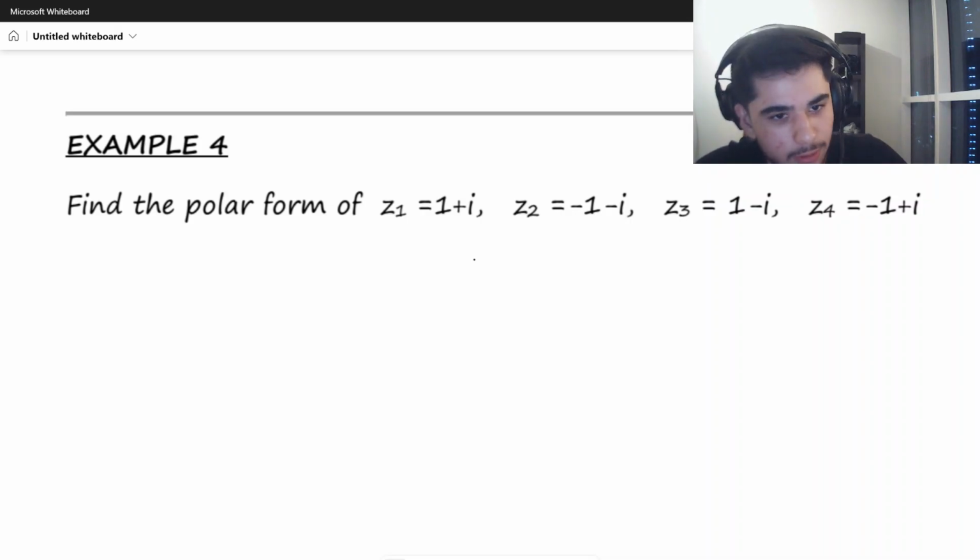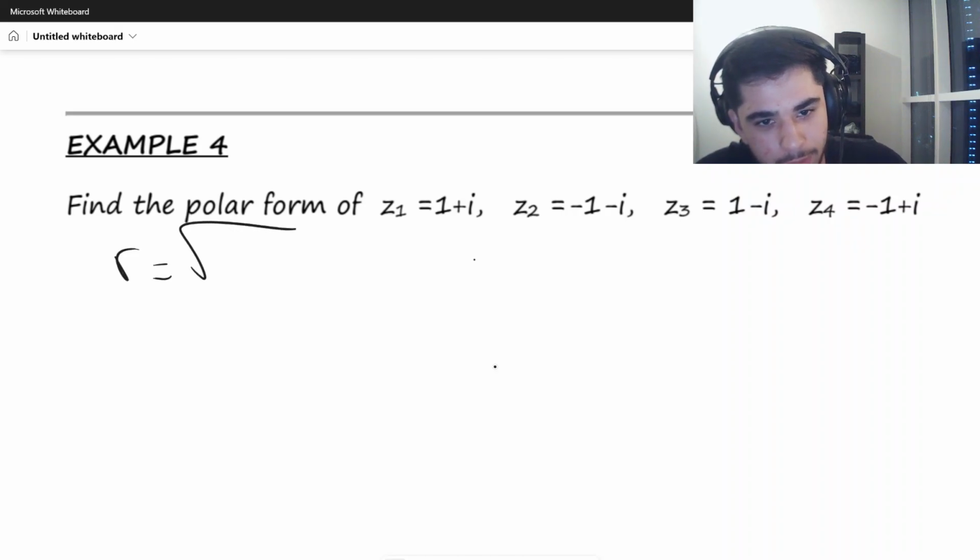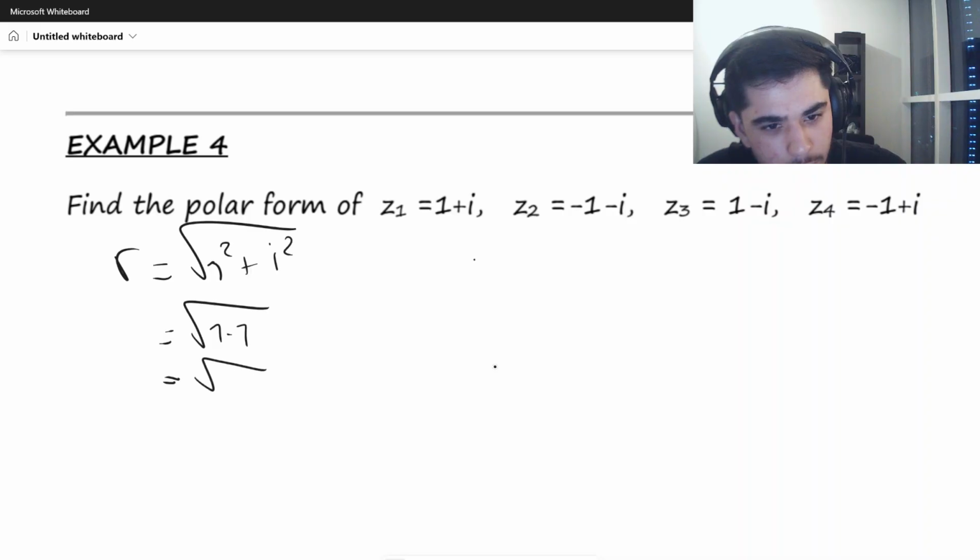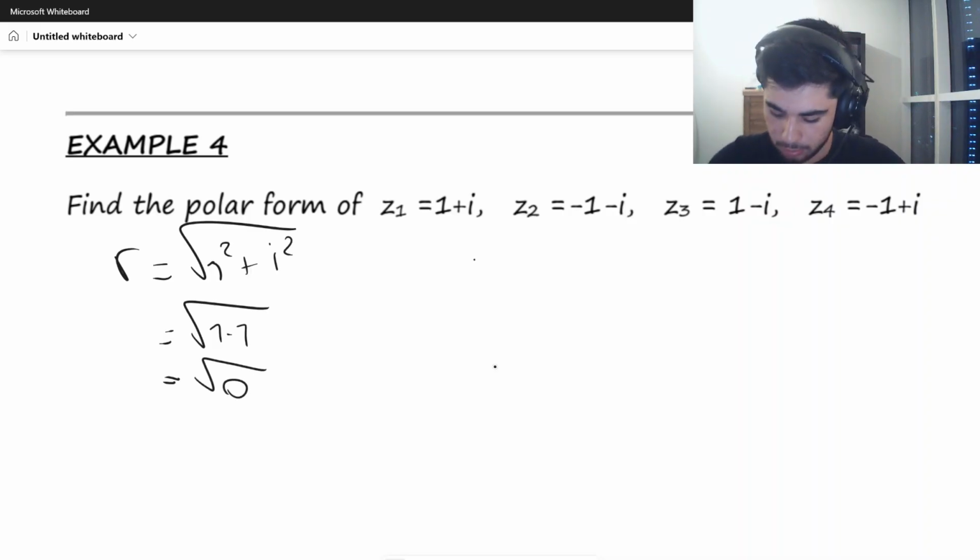Mr. Nikolaidis, calm down. Okay, so we know that r equals 1 squared, that's 1, plus I squared, which is 1, and I squared is negative 1. Zero. What?